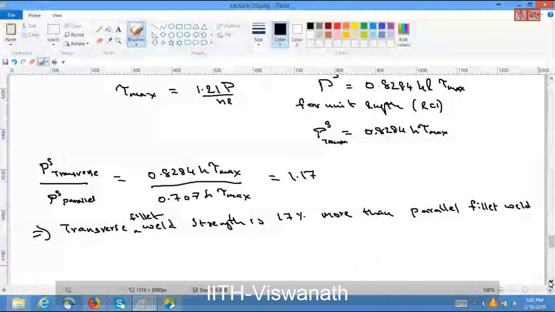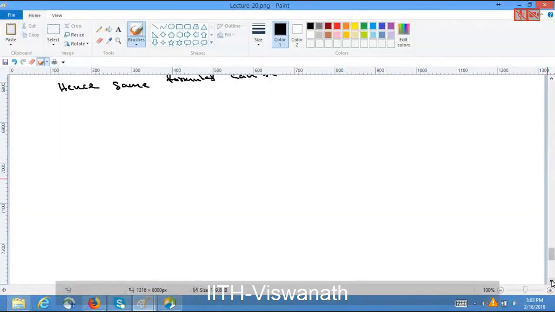The next one we will study is the case of an unsymmetrically loaded weld joint. I will give you a typical example. If you have an angle section or a channel section or T joint, these T sections and angle sections are generally unsymmetric in nature.